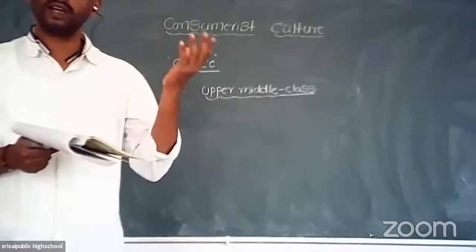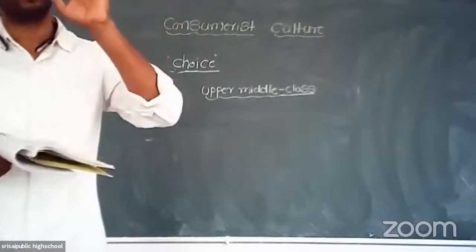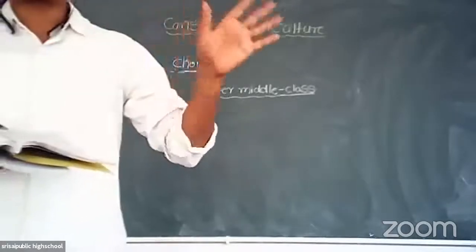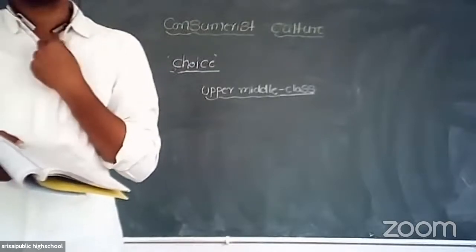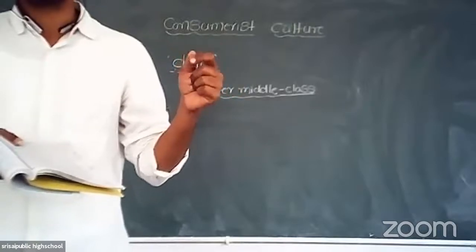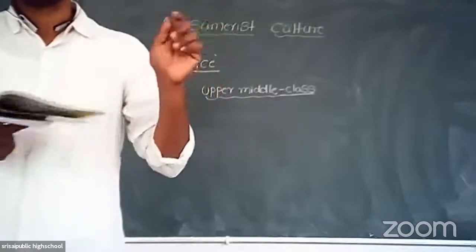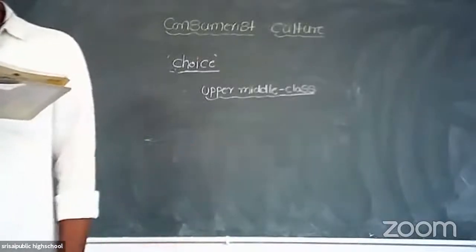They want to copy Westerners. From the beginning only they wanted to copy the Westerners, but the things were not within their reach. Nowadays the things are within their reach. So that's why now slowly they are following the Western culture.